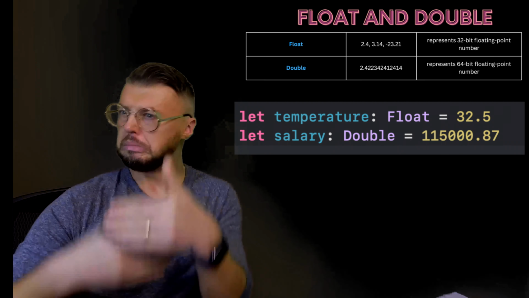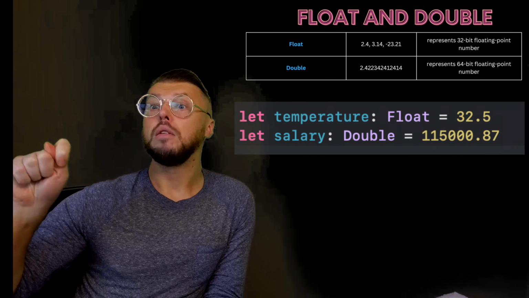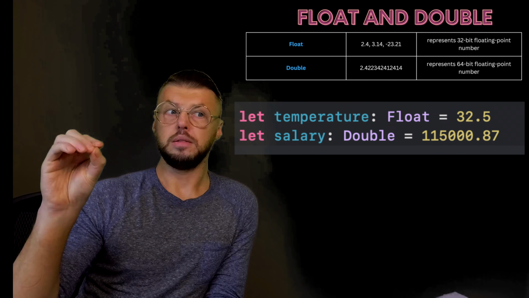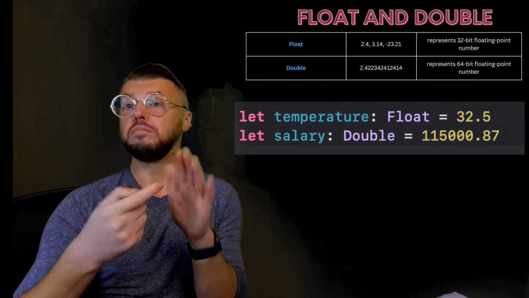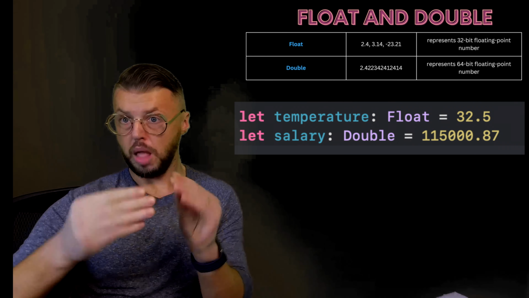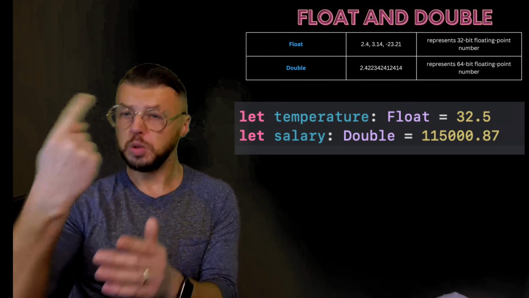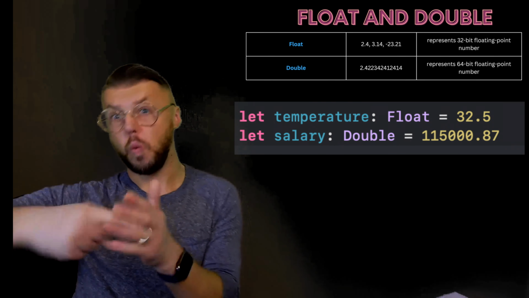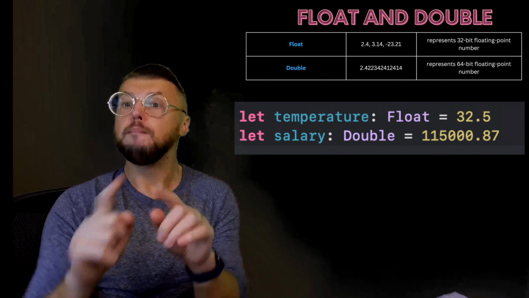Swift programming language has decimal numbers, so let's talk about them now. We have float and double. They are both examples of decimal numbers: 0.5, 1.1, 3.5, 32.5, whatever it might be.